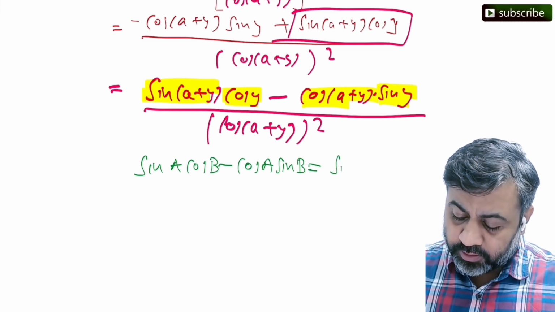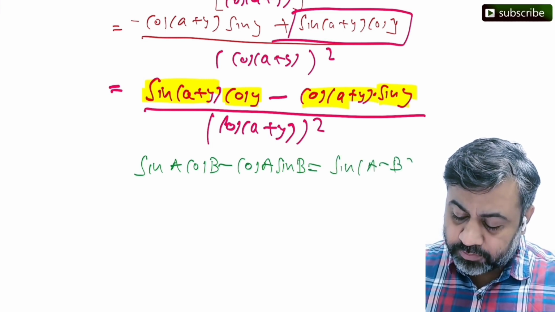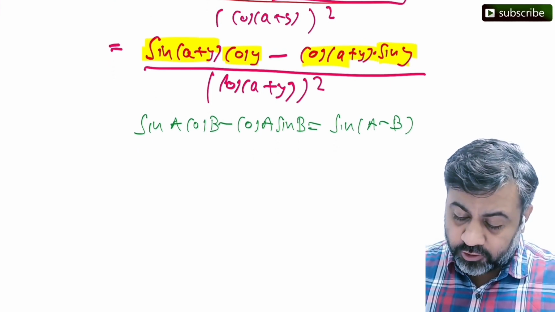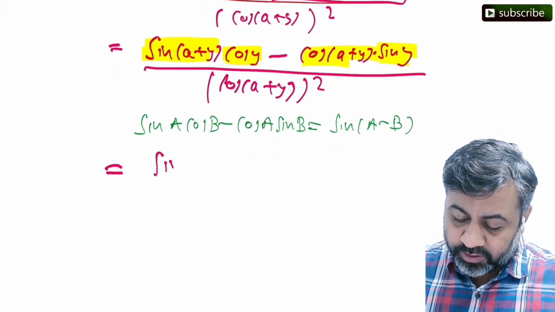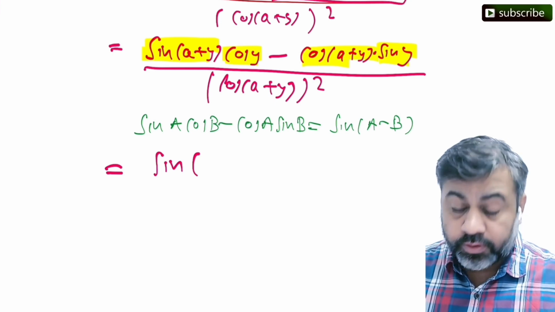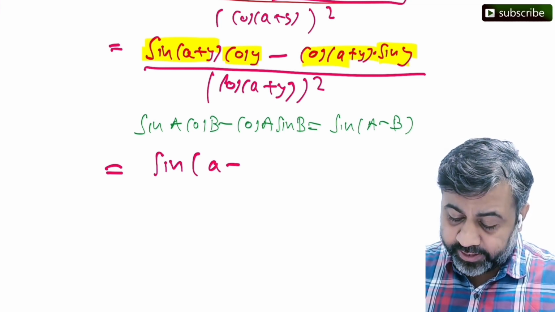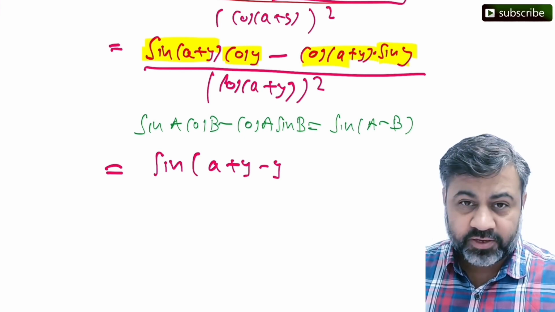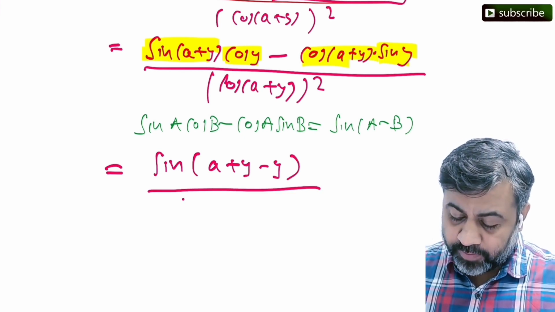This is nothing but equal to sin of a minus b, right? So I'm going to apply this concept. So what will happen in the numerator? My numerator will be sin of a minus b, right? So I get a plus y minus y, because my b is y. Everything divided by cos of a plus y the whole square.